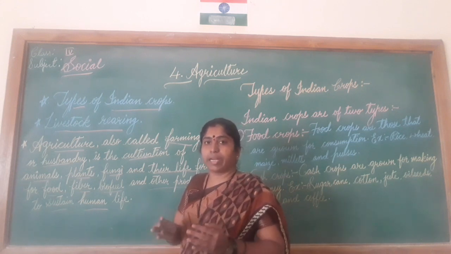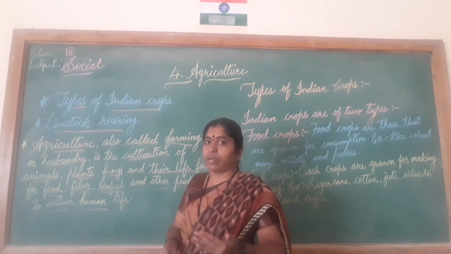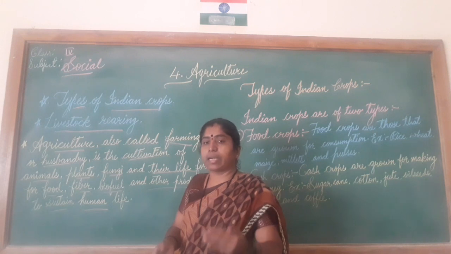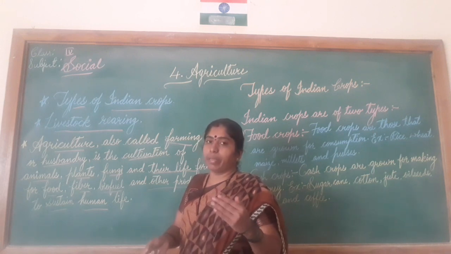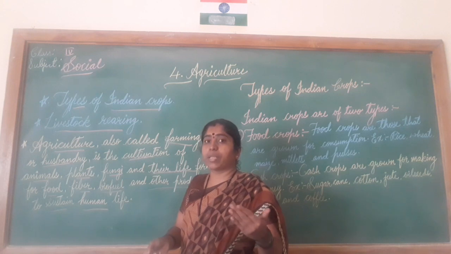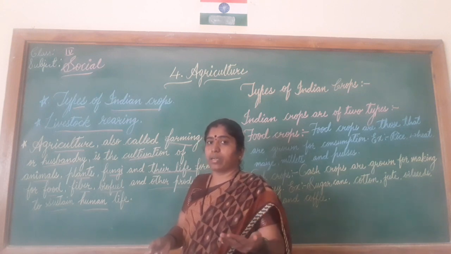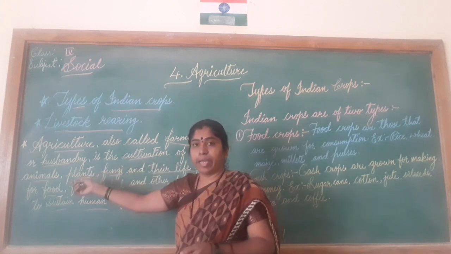It means we select which kind of animal we want to rear. It may be cow, sheep, goat, or even poultry, like hens and pigeons. So this comes under the cultivation of animals.